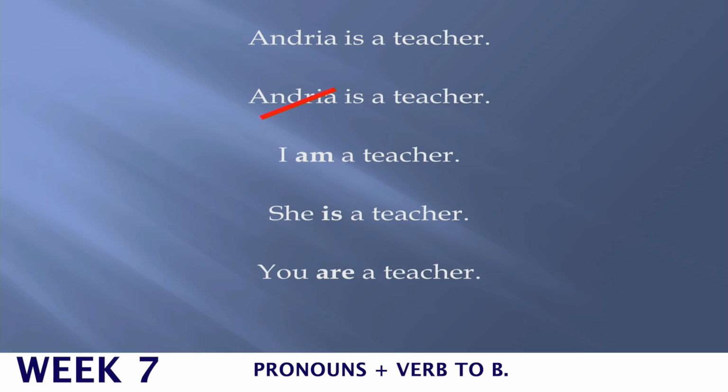We would need to take off Andrea, so that's why you see a red line over my name, and then we would replace it with I, she, or you. So I am a teacher if I'm talking about myself. If someone is talking about me, they can say she is a teacher. And if you are talking to me, you can say you are a teacher.